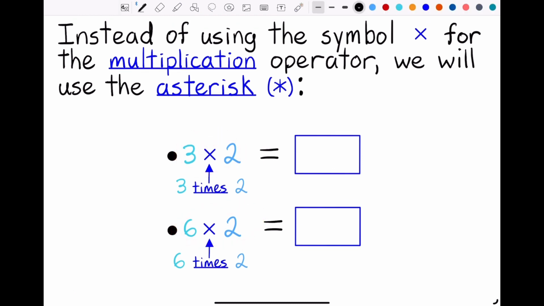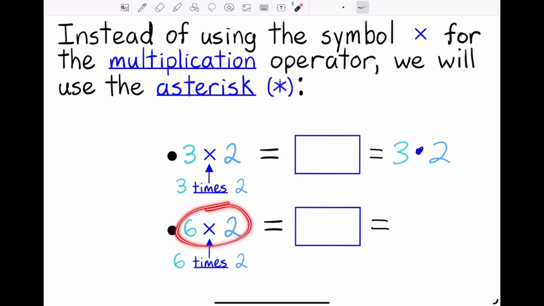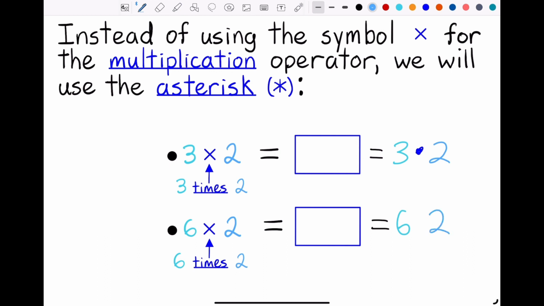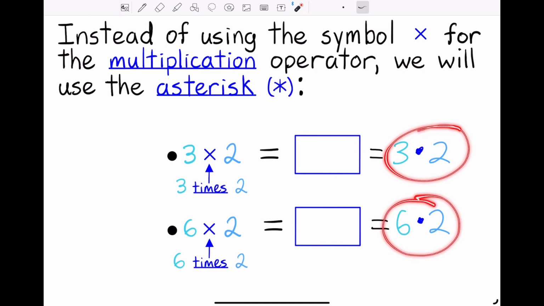A lot of people use a dot instead of the multiplication sign. For 3 times 2, we keep the 3 and the 2 the same, but instead of the multiplication sign, we replace it with the dot. The same thing goes with 6 times 2. Keep the 6 and the 2 the same, and replace the multiplication sign with a dot. This is clear if we had variables.